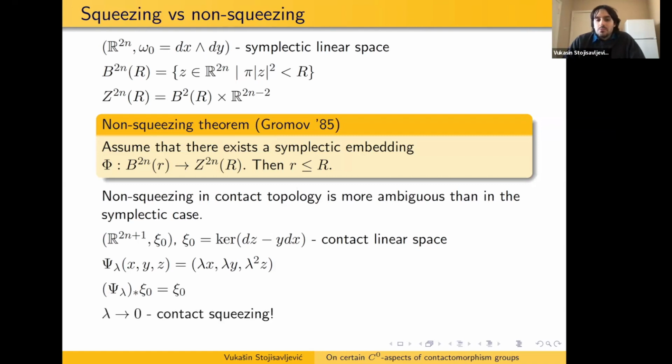And as we just send lambda to 0, we immediately get squeezing. So the situation is a bit more ambiguous because we can squeeze contact balls. Okay, and the question is, let's see how this is somehow fixed.